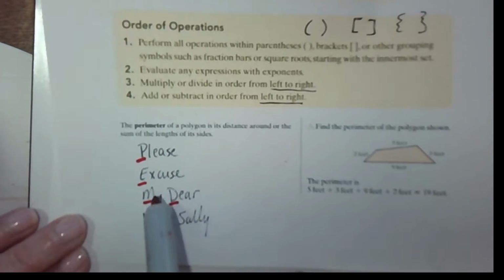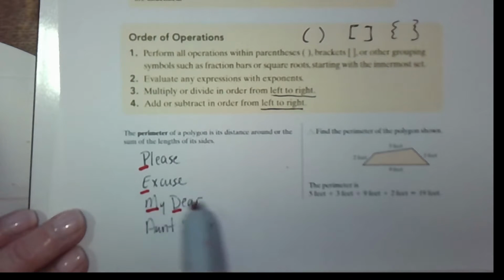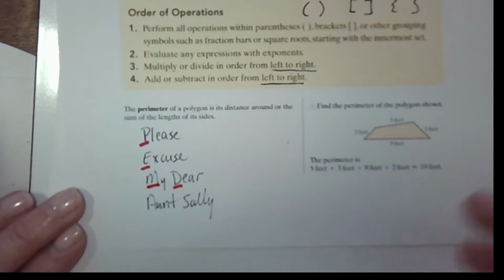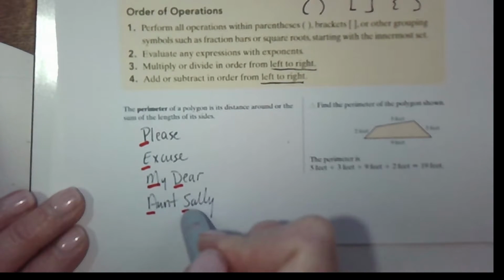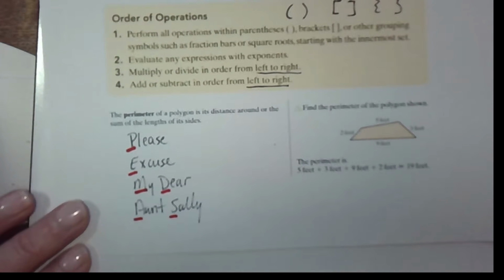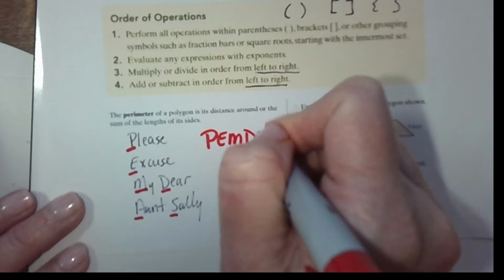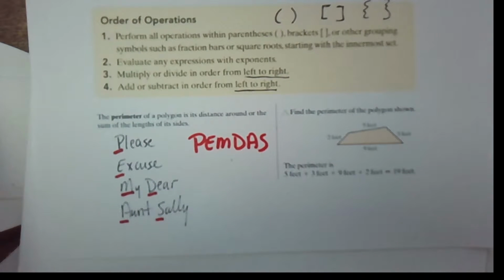And notice how I wrote that: my dear, multiply, divide, they're on the same line. Multiplication again is not higher than division. Addition, subtraction, same line. Okay, so that's one way to remember it. PEMDAS. People have that as well.